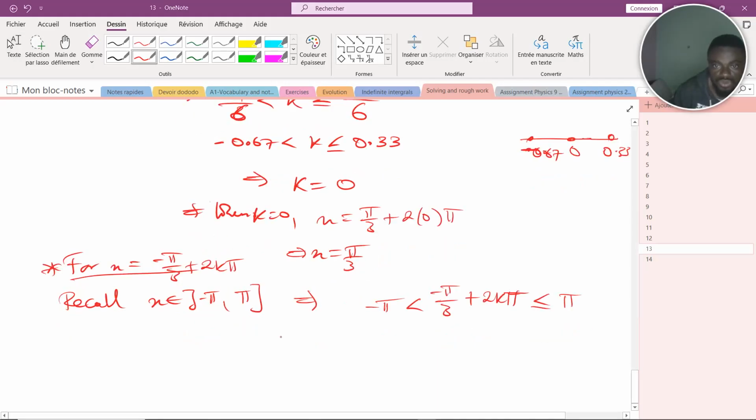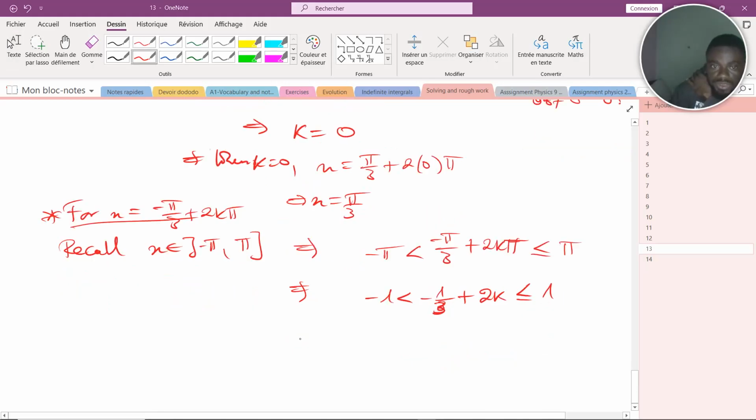We divide all through by pi. We're going to have minus 1 on 3 plus 2k strictly greater than minus 1 but less than or equals to 1.